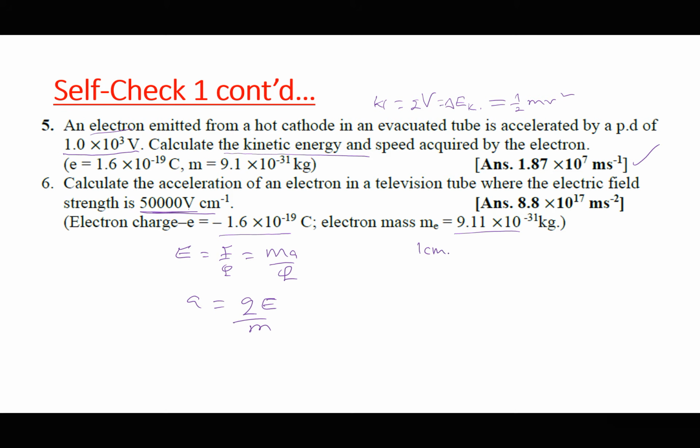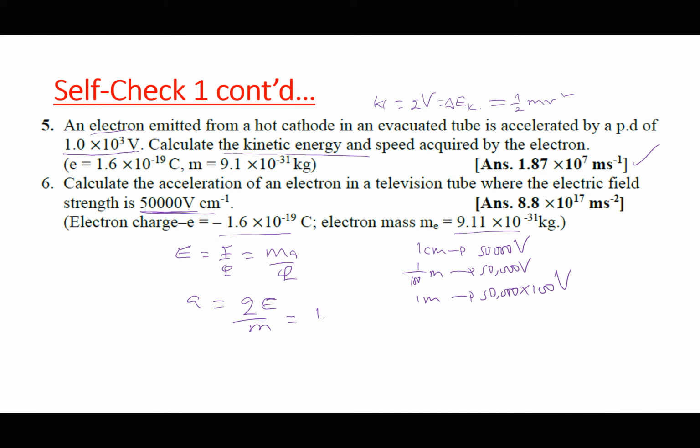If 1 centimeter corresponds to 50,000 volts, remember 1 centimeter is 1 over 100 meters. So 1 over 100 meters corresponds to 50,000 volts. How about 1 meter? That would be 50,000 times 100 volts. So changing this from volts per centimeter to volts per meter, we multiply by 100.